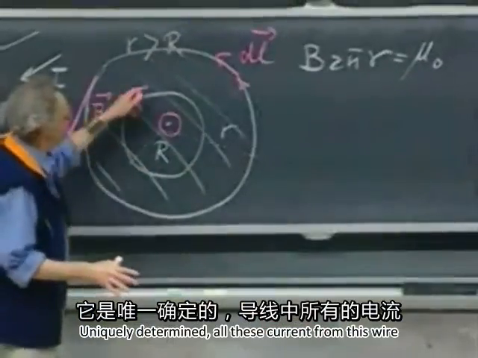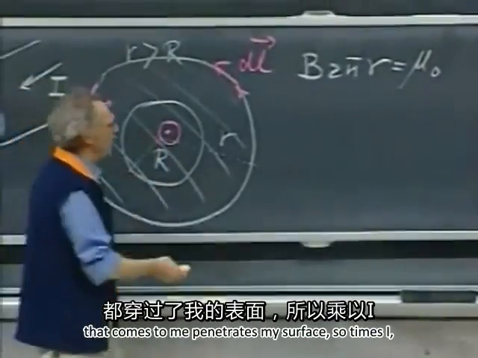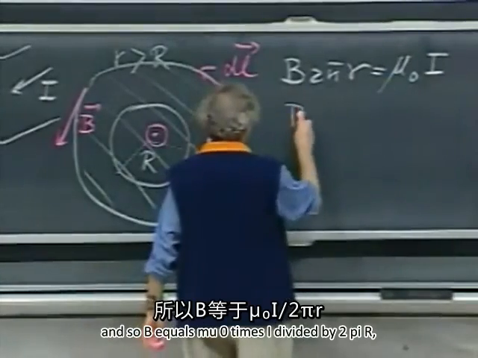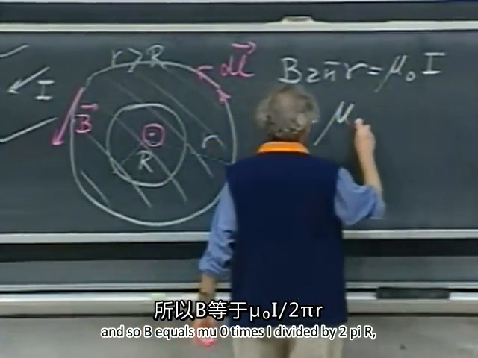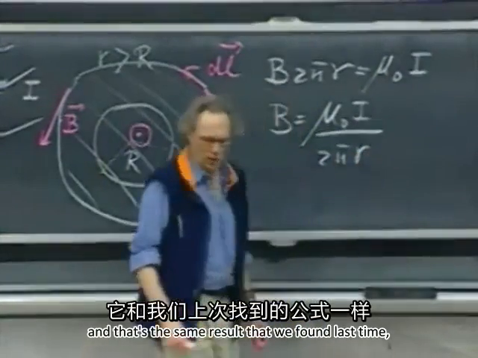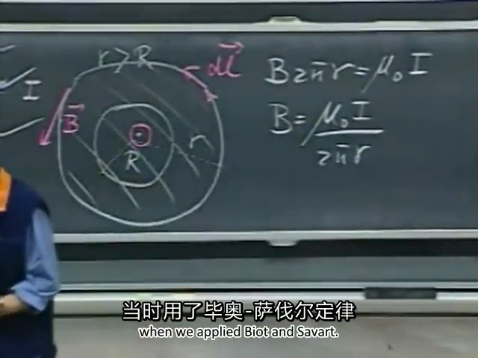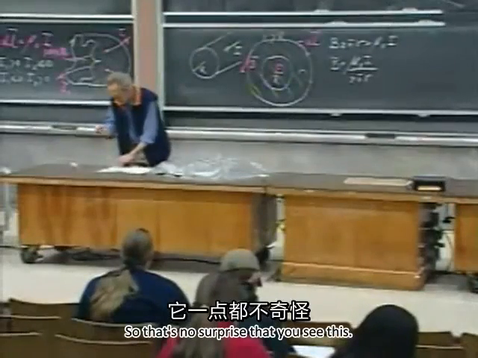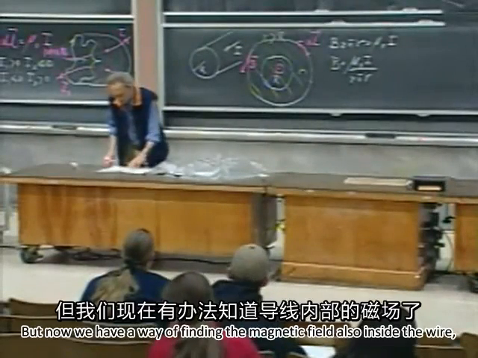All this current from this wire that comes to me penetrates my surface. So times I, and so B equals mu 0 times I divided by 2 pi r. And that's the same result that we found last time when we applied Biot and Savart. So it's no surprise that you see this.